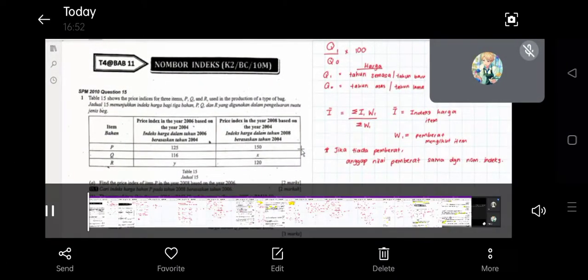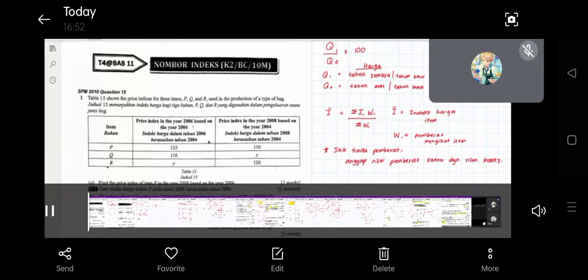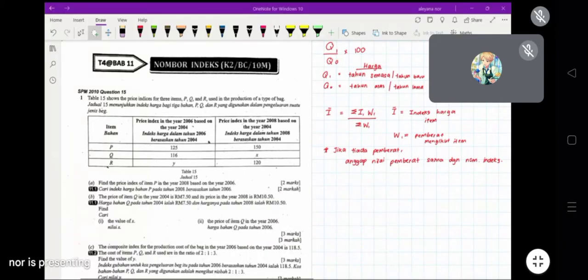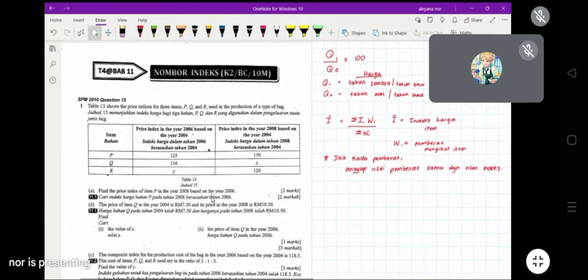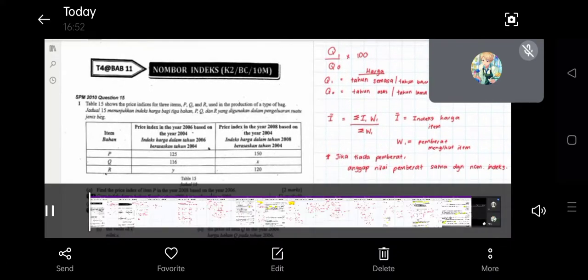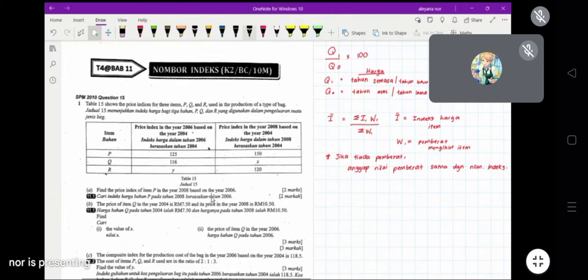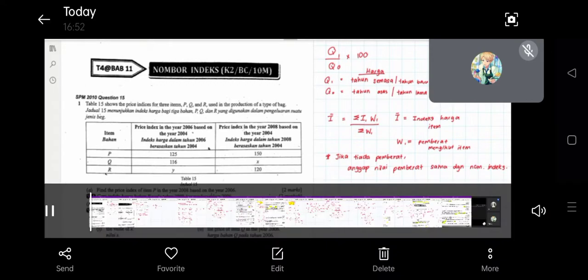Let's see our first question. Table 15 shows the price indices for three items P, Q, and R, and U is the production of a type of bag. Right now Ariana is highlighting the main points and writing down the stuff.